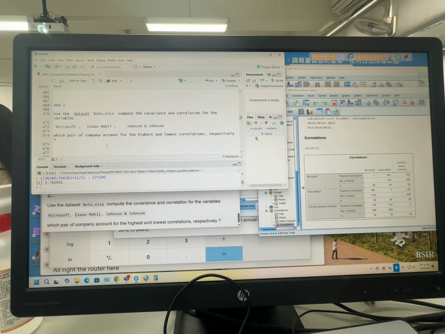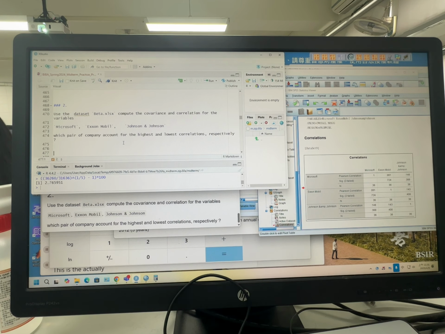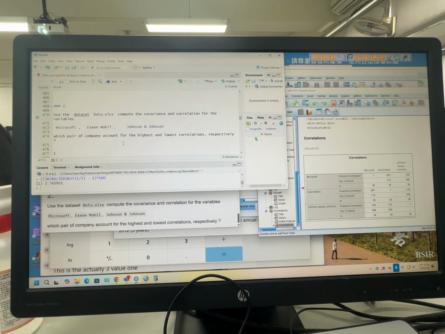So what would be the correlation? Actually, forget about the SIG thing and the N thing. This is actually 3 values: 1, 0.061, 0.148.